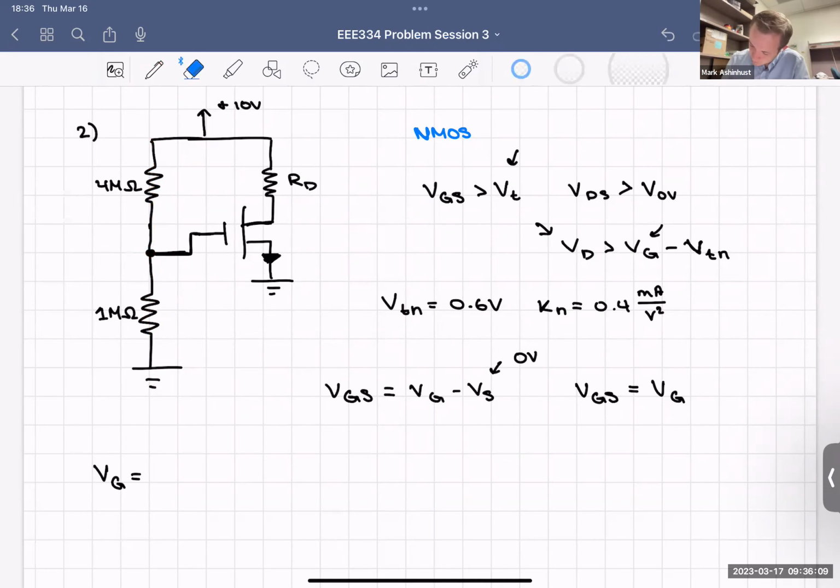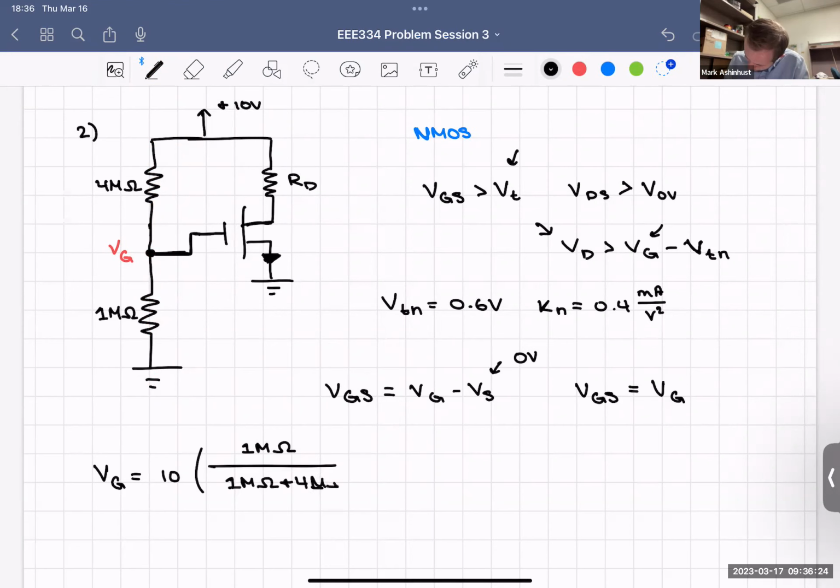So VG is equal to our 10 volts at the top, and then we have 1 mega ohm over 1 mega ohm plus 4 mega ohms, which is 1/5, 0.2. So we have 2 volts. VG is equal to 2 volts.